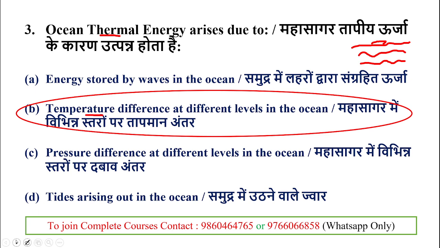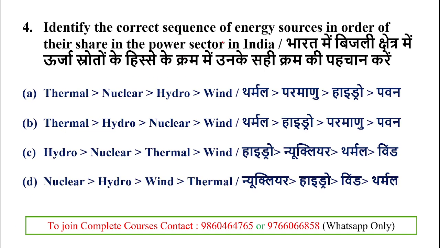Okay. The next question: identify the correct sequence of energy sources in order of their share in the power sector in India. You can get a question like that in the UGC examination. This is a most expected MCQ. Friends, you should understand the question well, because sequence is an important question type in the UGC NET exam.